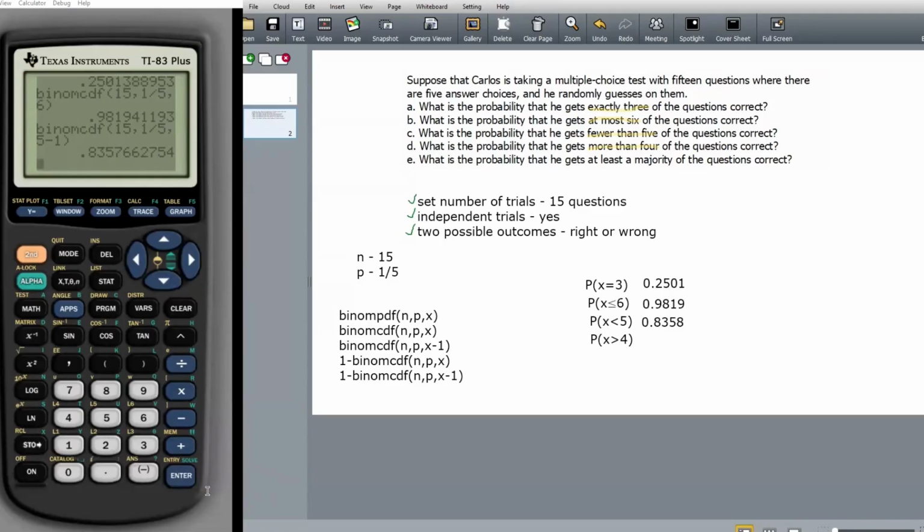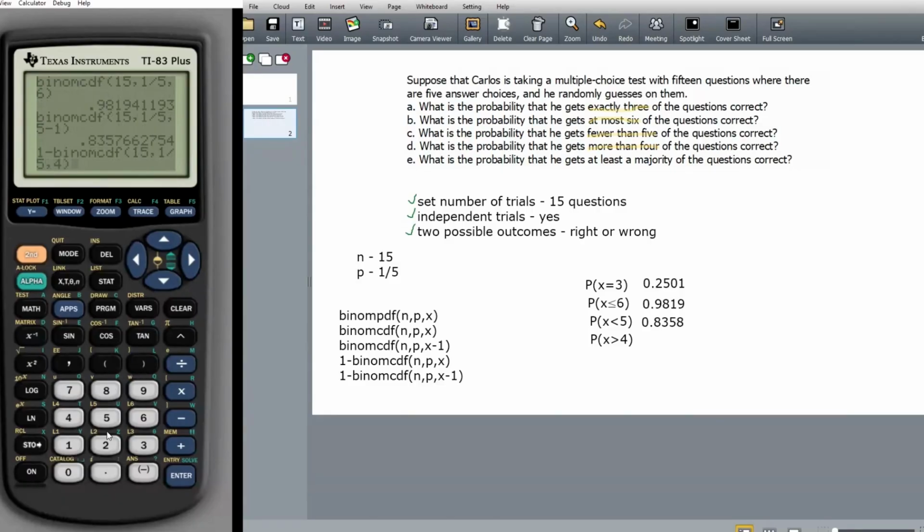So I will type 1 minus, and then do the second bars and the binomial CDF. My n is 15, comma, my p, 1 out of 5, comma, my x, 4.